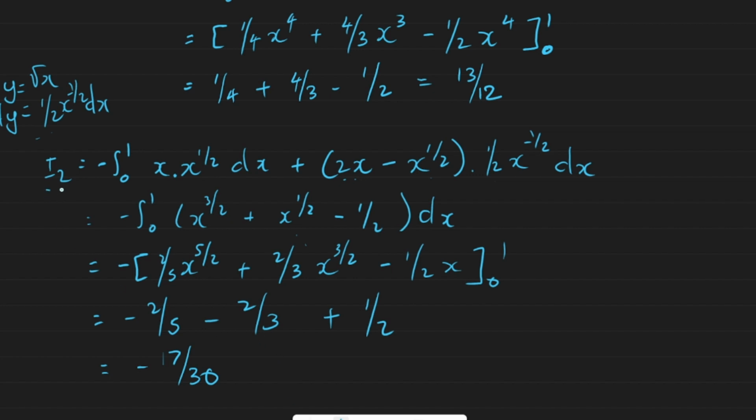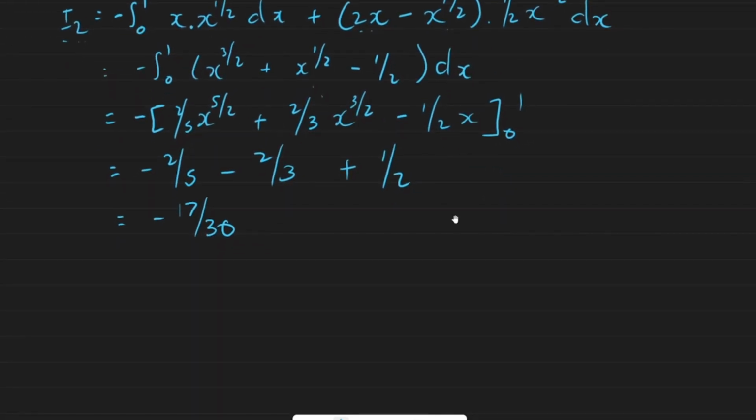So this was I2, and I1 was 13 over 12. So this line integral around both curves, this line integral of p dx plus q dy, is equal to I1 plus I2.